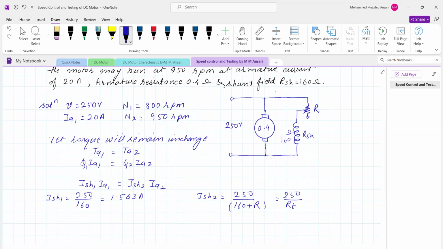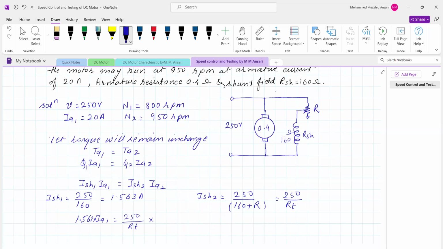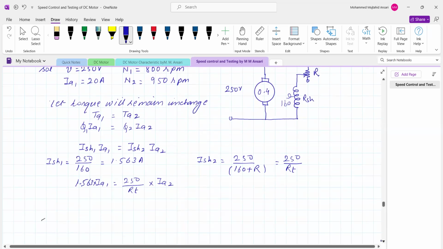So we can calculate IA1. If you put the values, it is 1.563 into IA1, equal to 250 divided by RT into IA2.